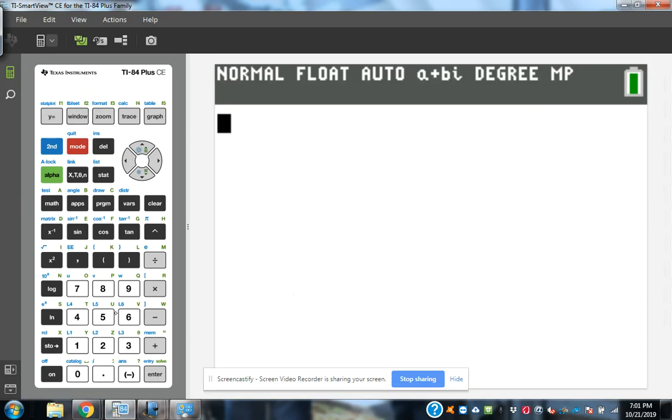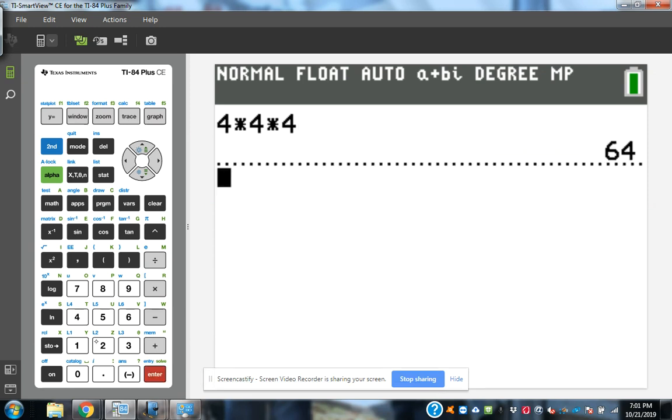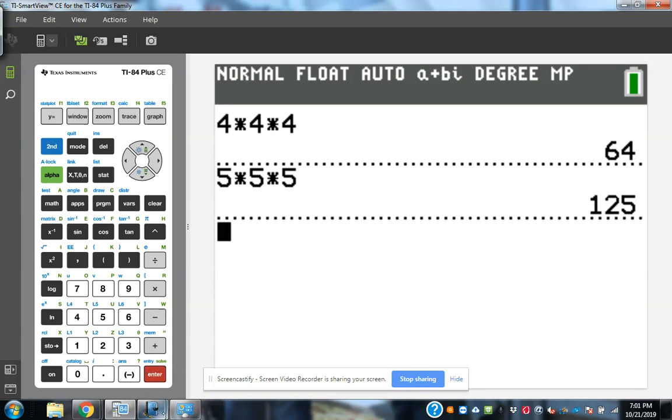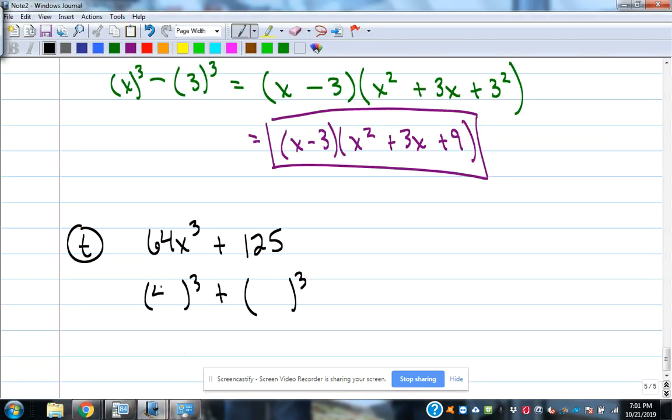64 is 4 times 4 times 4. 125, I think, is 5 times 5 times 5. And it is. So I have 4x and 5.